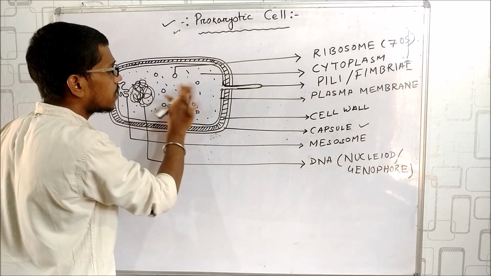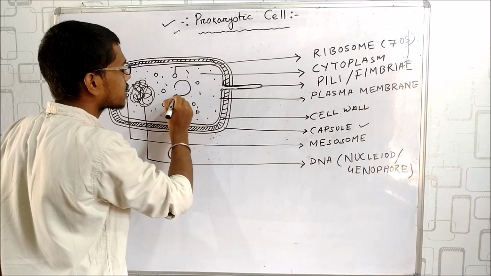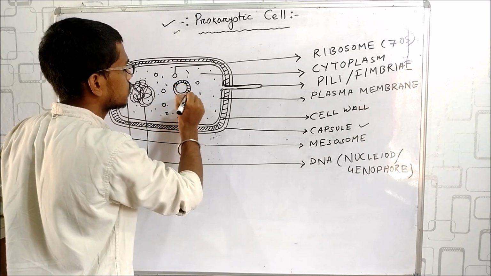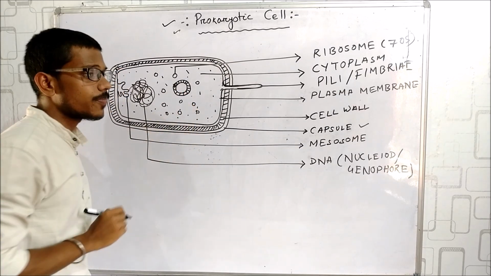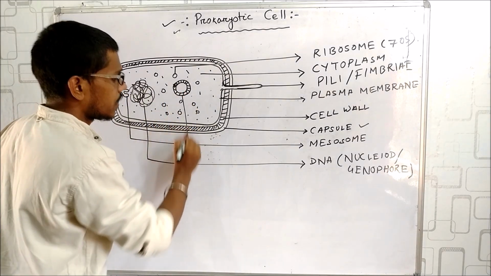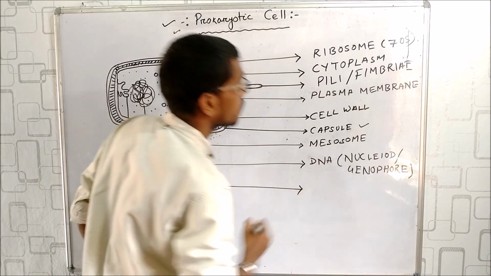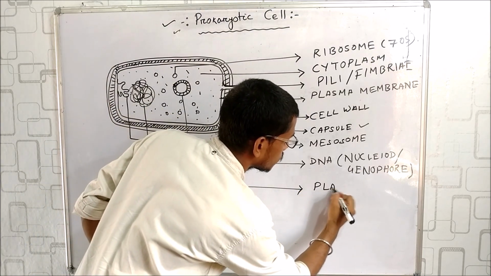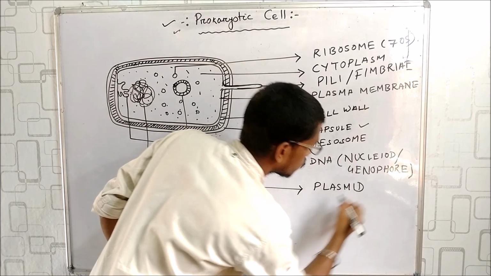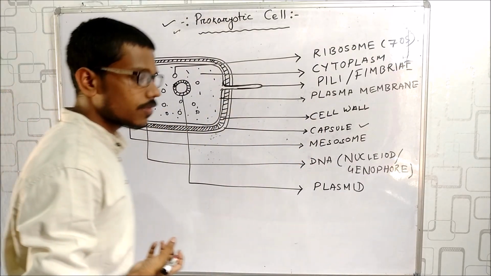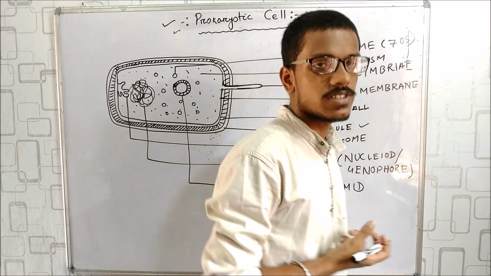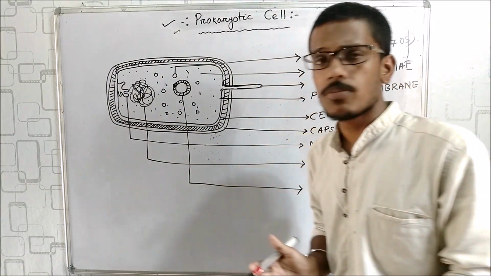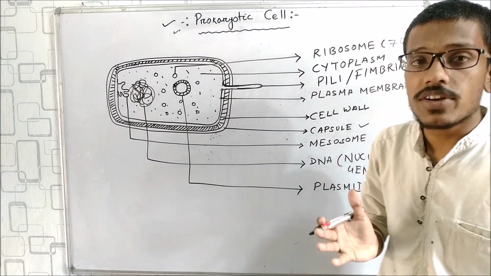In some bacteria there is another extra chromosomal material. What is this extra chromosomal material called? This is the plasmid. It bears some accessory genes which are not so useful for the bacteria, but it can carry antibiotic resistance genes.